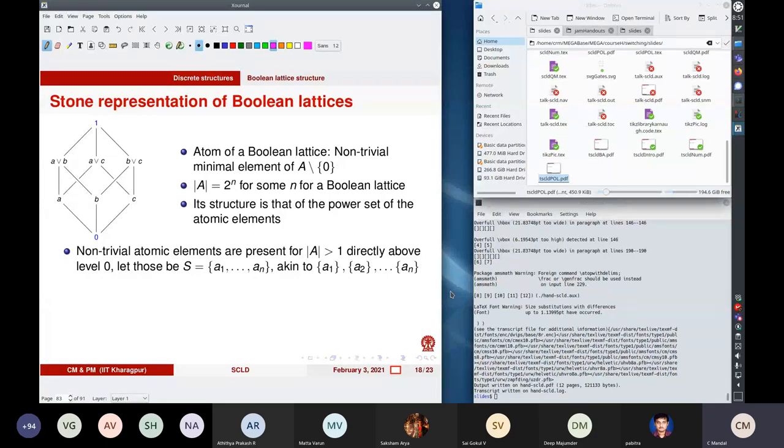At the bottom you have 0, and then the atoms, in this case A, B, C, present directly above level 0. So 0 is at level 0, and all the atoms are present at level 1 as shown, and those are akin to the singleton sets A1, A2, AN, and so on.